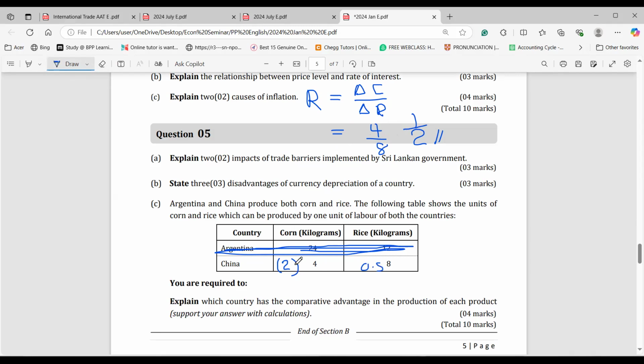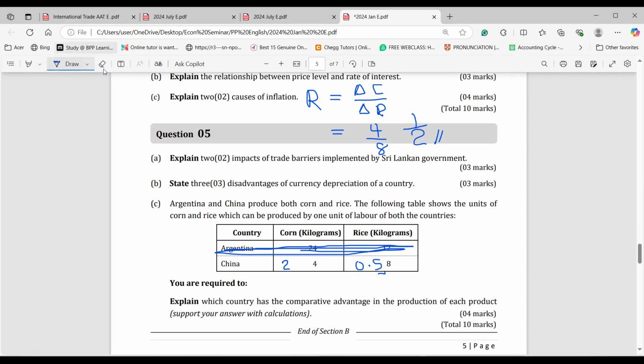This is the opportunity cost. I have written here opportunity cost in blue. Final answer. It's not hard to calculate. It's very easy.